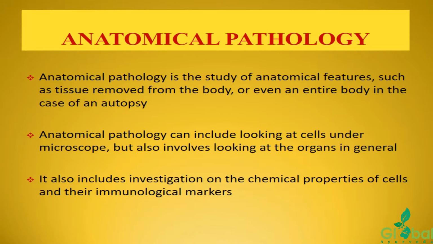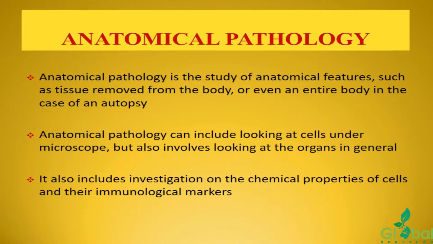That comes under anatomical pathology, with respect to the anatomical features of the body, an organ, a portion of an organ, or the complete body. We look at what kind of abnormal anatomical features we can see, like a tissue removed from the body or the complete body selected for study, which comes under autopsy-related conditions. So this is anatomical pathology.